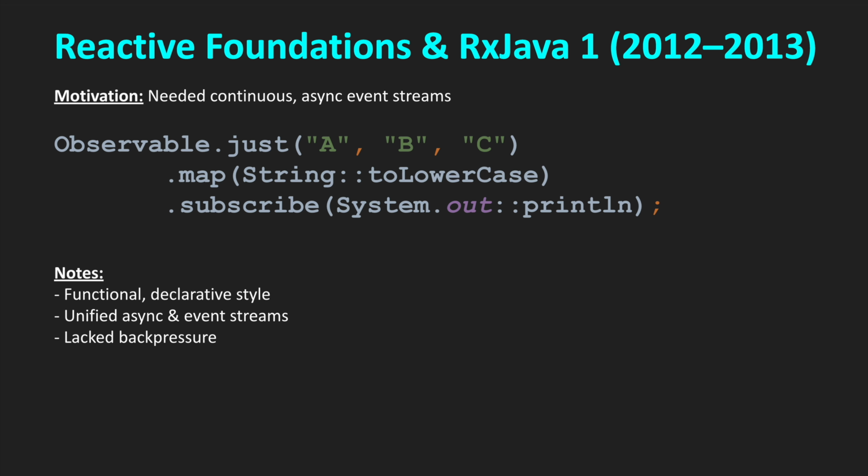In this specific example, the observable publishes three events, A, B, and C. We map those events to lowercase, and we have a subscriber that subscribes and prints those events. The biggest disadvantage of RxJava 1 was that it wasn't handling back pressure.